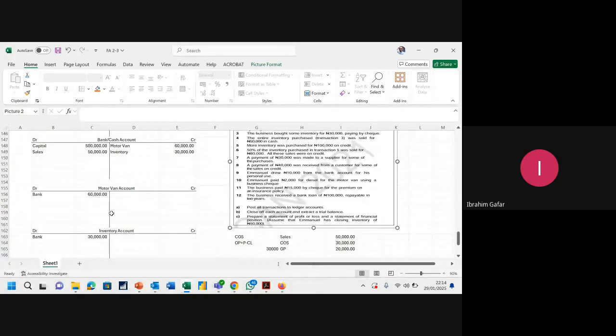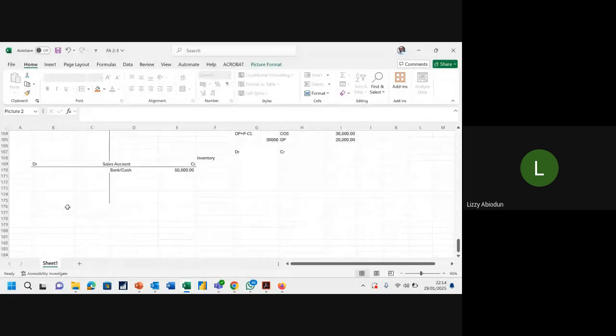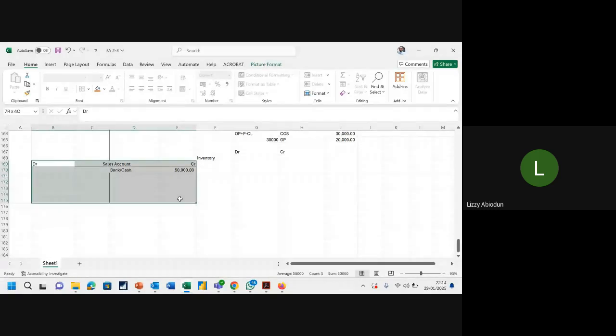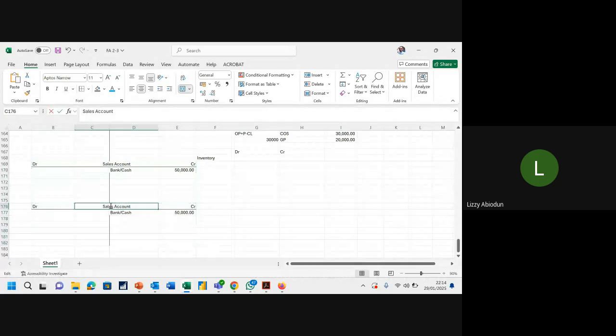That is the payable account. Payable account is what? I think it's the credit account. Credit will not be payable. Answer the question. Okay. Don't worry. I'm trying to open the payable account.